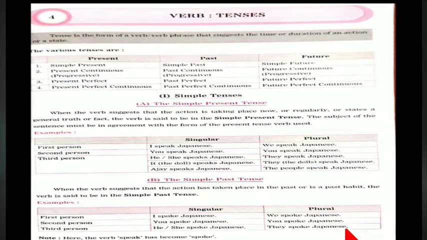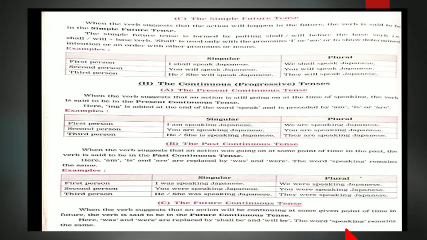Then coming to the simple future tense. Now if you see about the simple future tense, when the verb suggests that the action will happen in the future, the verb is said to be in the simple future tense.